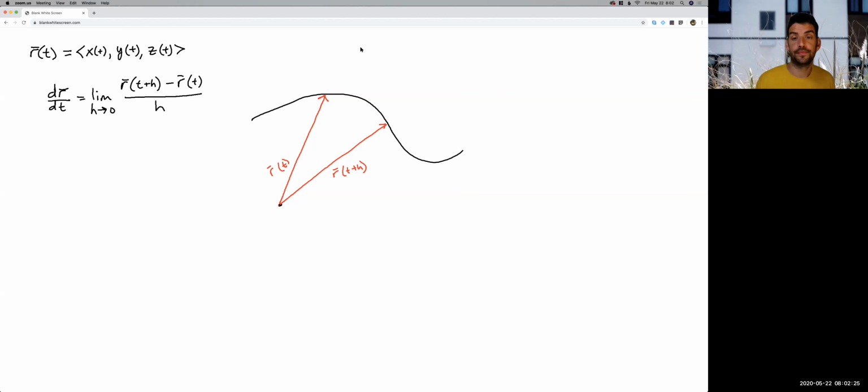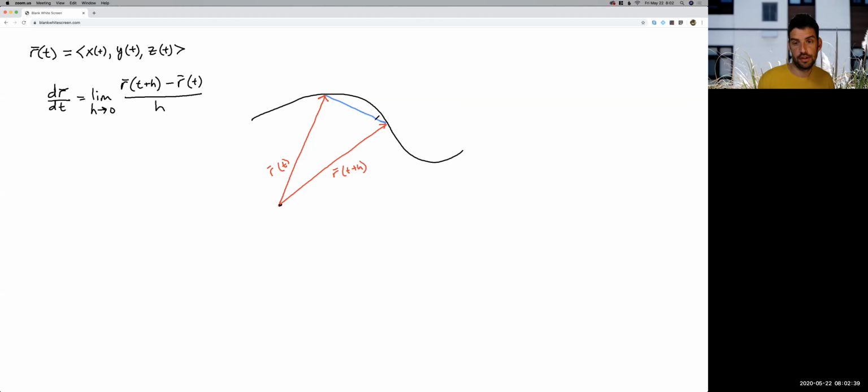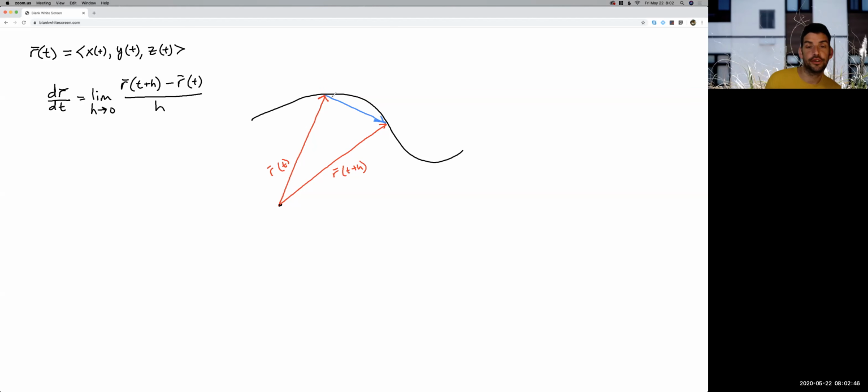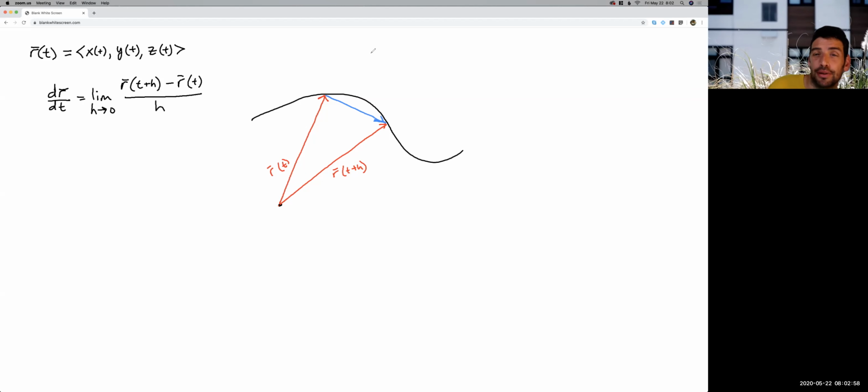So then, between these two, r of t plus h minus r of t is the vector from r of t to r of t plus h. I'm not going to write it, it'll get too ugly. And then we're dividing by h. But imagine if h is a tiny number, right?